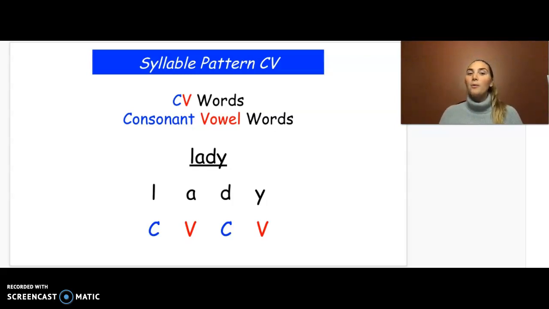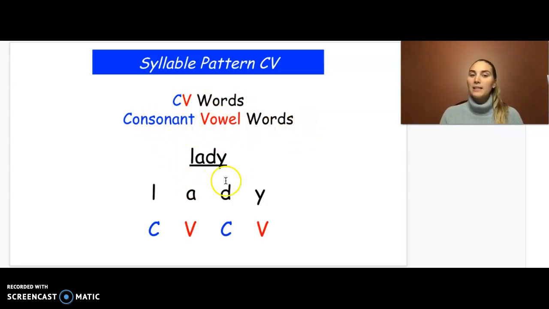So, when you see CV, we're going to be looking at the syllable pattern CV, because we know every time we hear a vowel, it's going to be a syllable. So, we're going to look at CV words, or consonant vowel words.